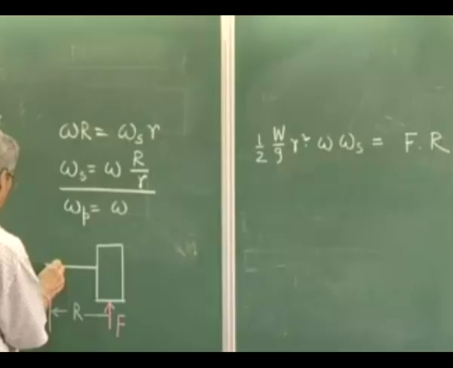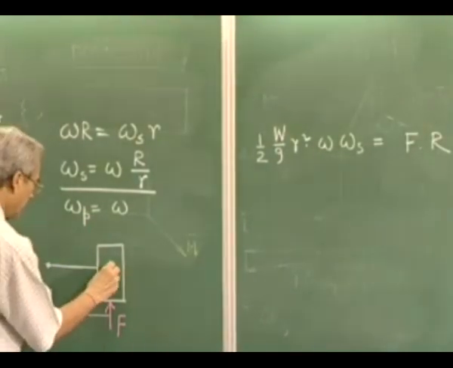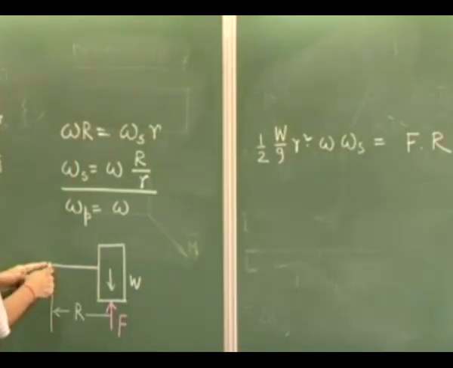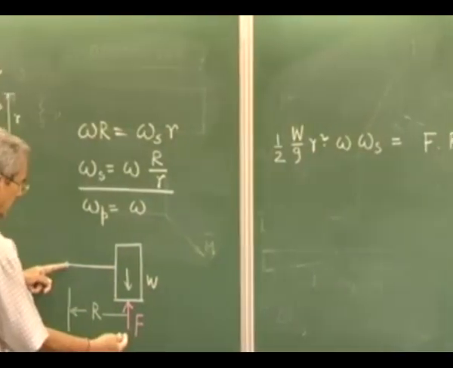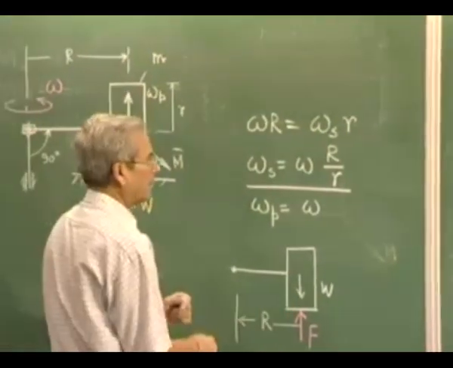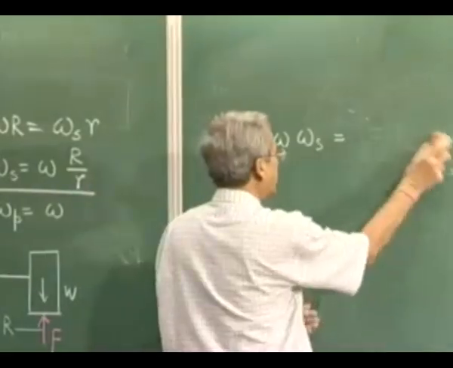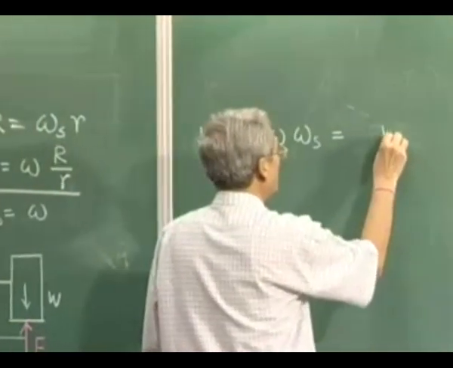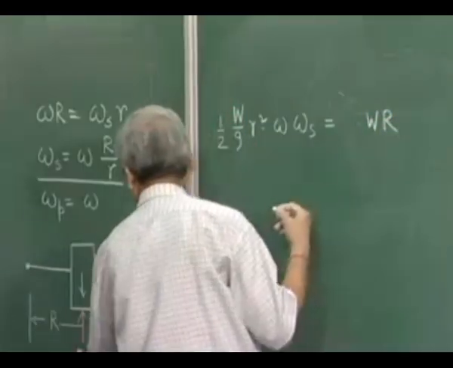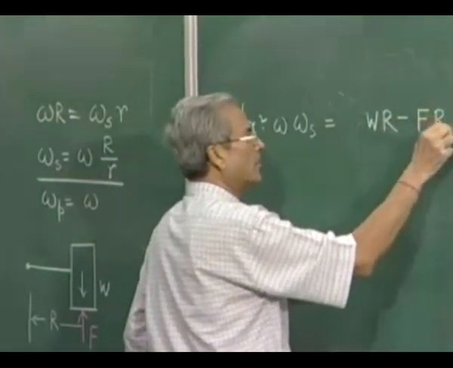So the total moment which must be acting on this is W into r minus F into r. Sorry, I should change it. The total moment acting on this is W in the downward direction due to gravity, times r, minus the reaction F into r.